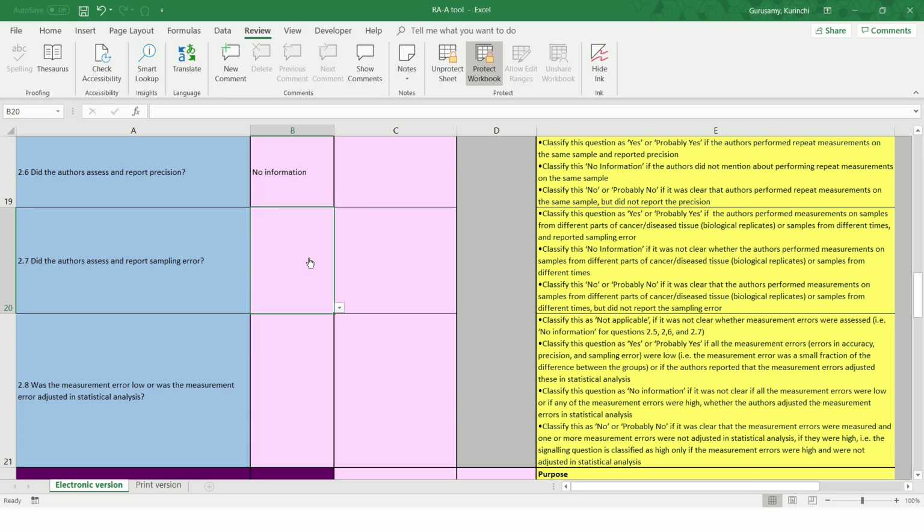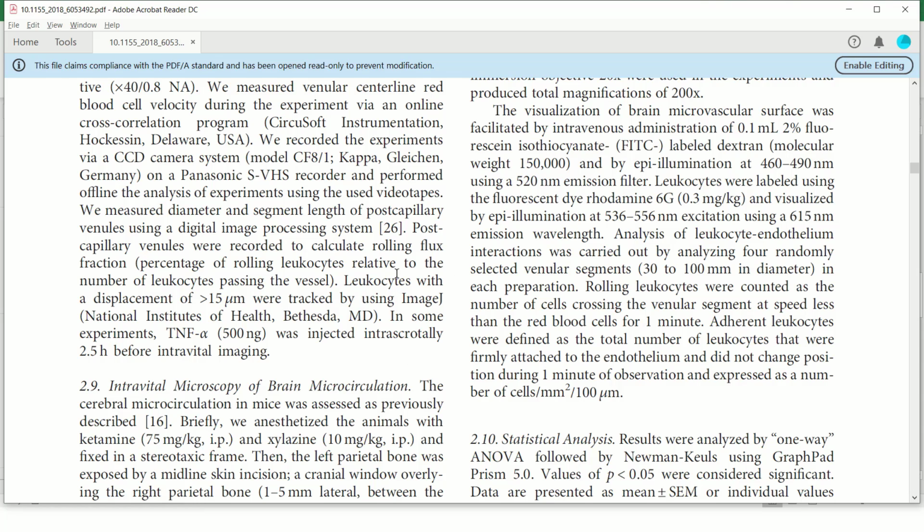Did the authors assess and report sampling error? Here, we know for most samples they didn't look at multiple. This is just from a single sample, multiple areas.